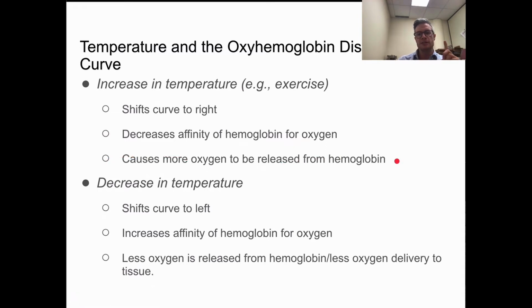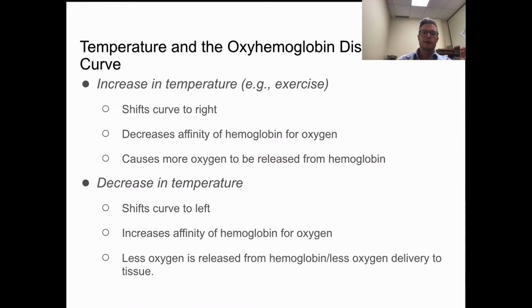So if we just pause and consider that one point for a moment: if we're exercising and temperature starts increasing, we want more oxygen reaching our cells for oxidative metabolism, or respiration, sorry. So this is a good thing that we have more oxygen being released from hemoglobin.